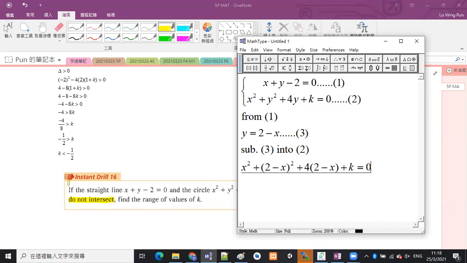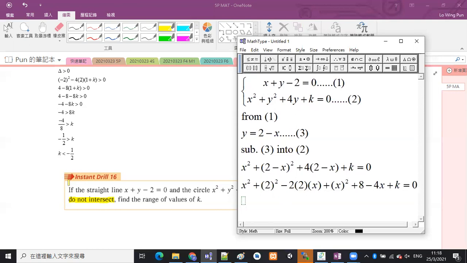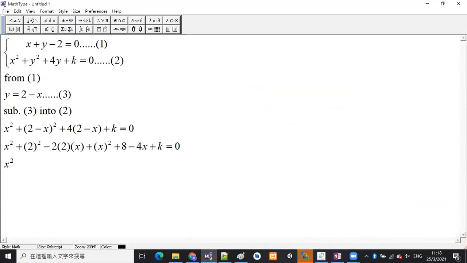And then you expand the brackets. X squared plus, so a squared minus 2ab plus b squared. And then expanding this bracket, 8 minus 4x plus k equals 0. And then we have x squared plus 4 minus 4x plus x squared plus 8 minus 4x plus k equals 0. And then simplify the like terms.